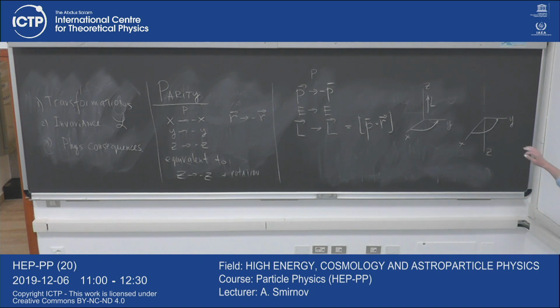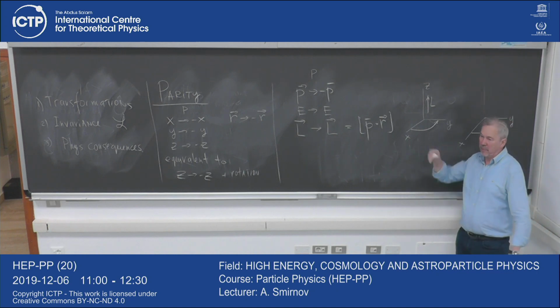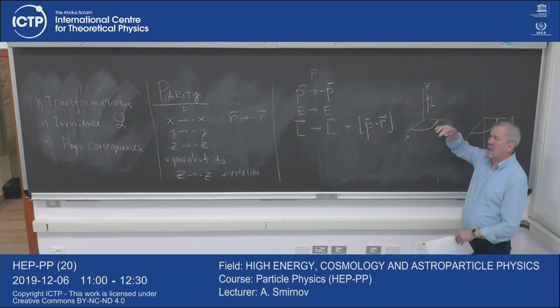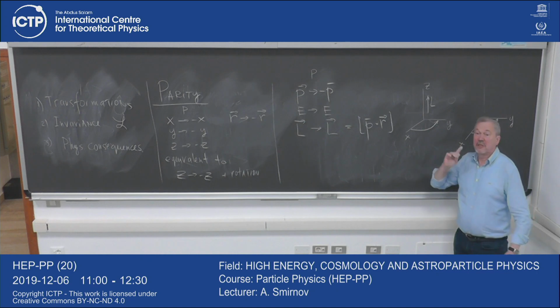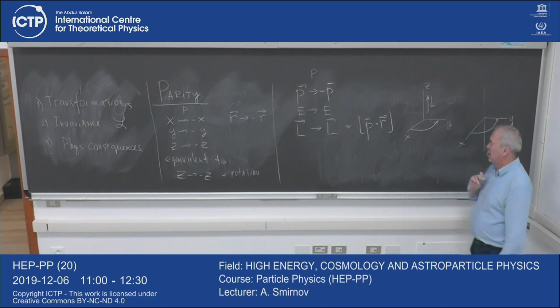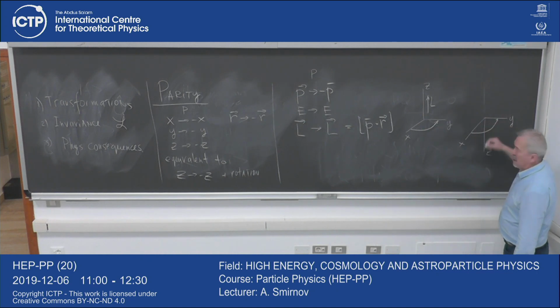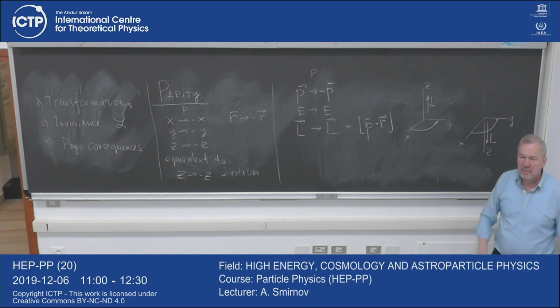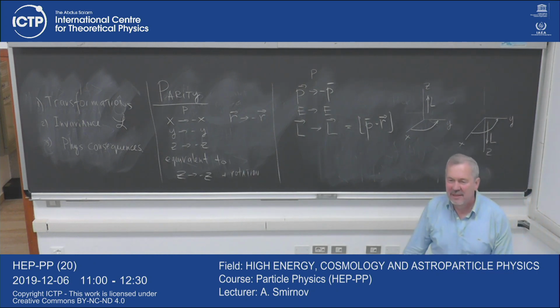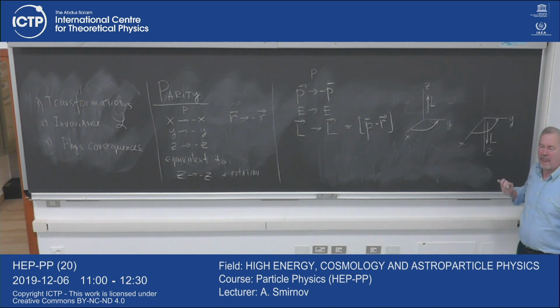So when you do this reflection, nothing changes with your rotation, because this is something moving in the plane. If you look from this and from that, it's the same rotation. So here, again by our convention, we say that L should be in the direction of z.